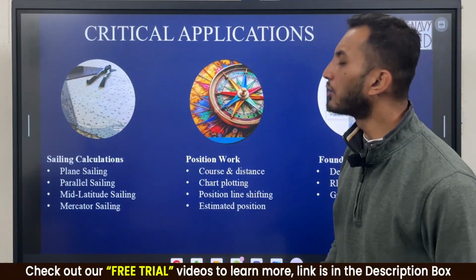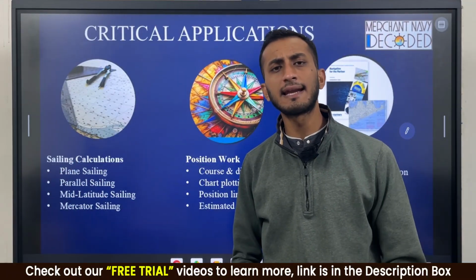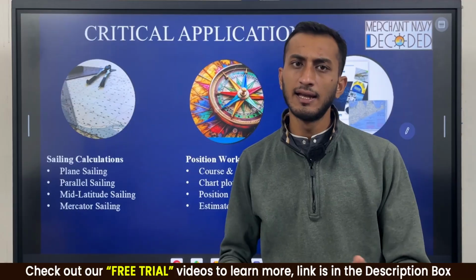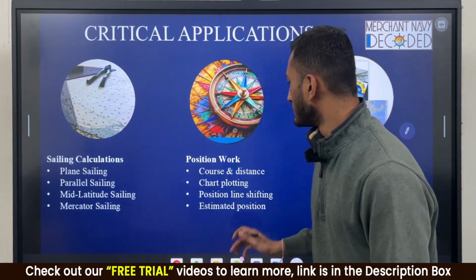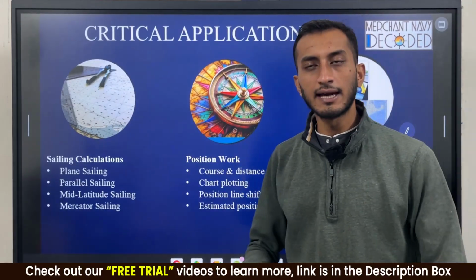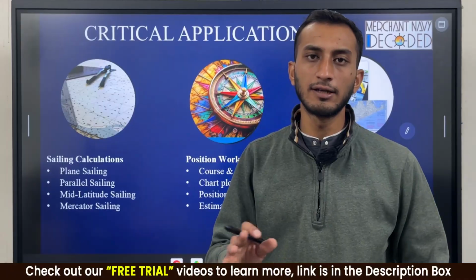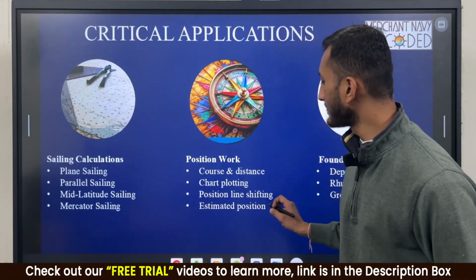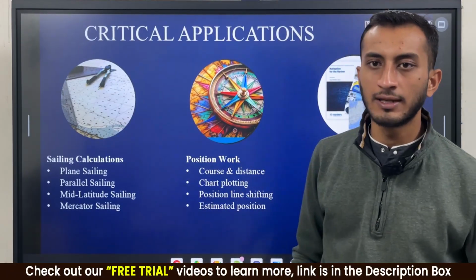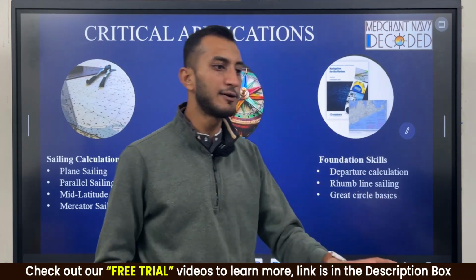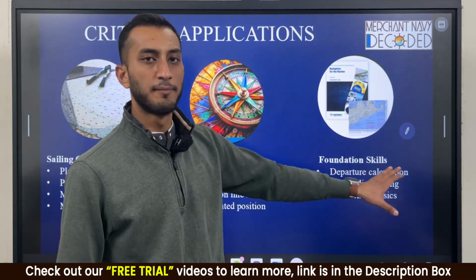For position work, how do you find your position? How will you tell that you are at this position? It is because of the latitude and longitude. Chart plotting, the charts have this marking of latitude and longitude. Position line shifting, estimated position, none of these things are possible without them.